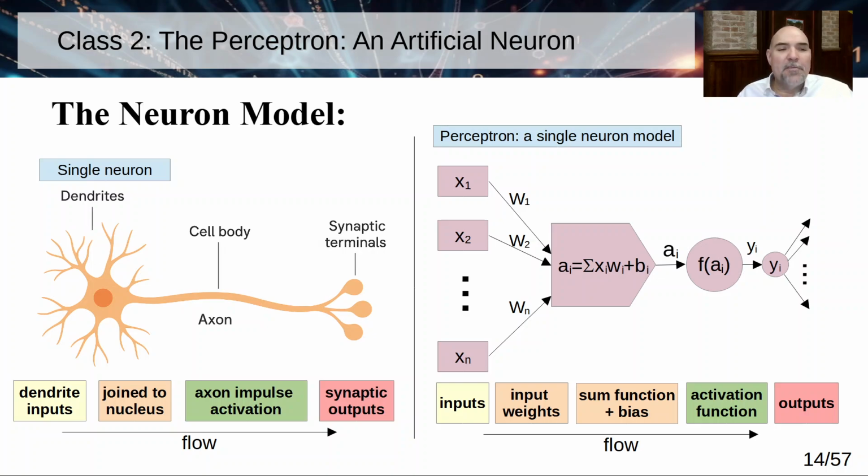And then, because each of those dendrite inputs on the biological version have different thicknesses and different weights to them, they each bring a different percentage of the total amount in. We're simulating that with our model over here with these weights W1, W2, all the way up to Wn.